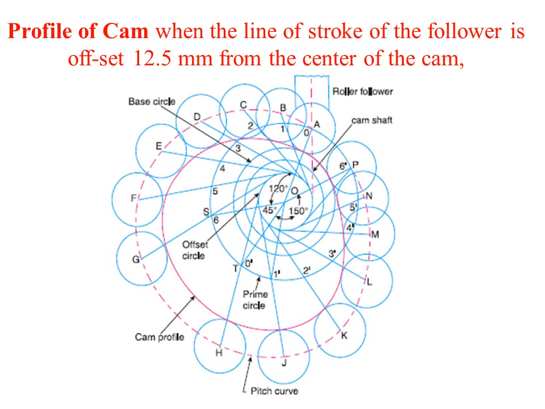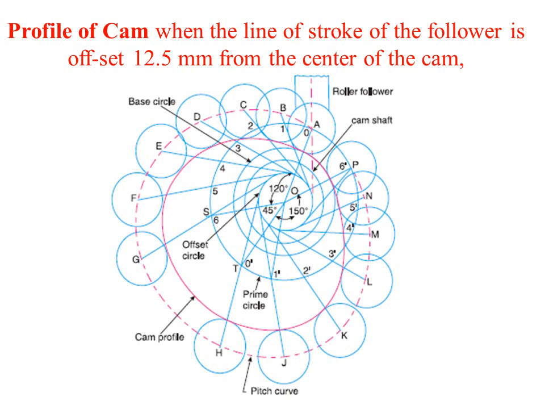So after drawing the pitch curve, take B, C, D again as the center and draw rollers, that is circles, and this roller diameter will be 20 mm as given in the problem. Take B as the center, draw rollers throughout the points.